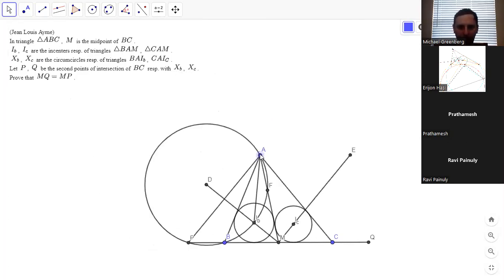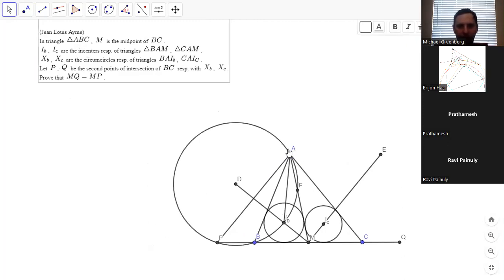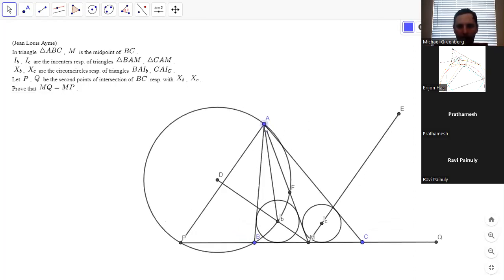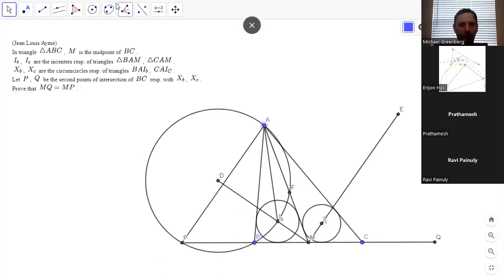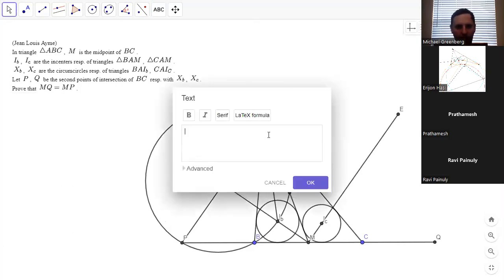All right, so let me make the diagram smaller. Let's see, maybe something like that. And so I'll say, let the circle ABIB intersect AM again at, what was it called?